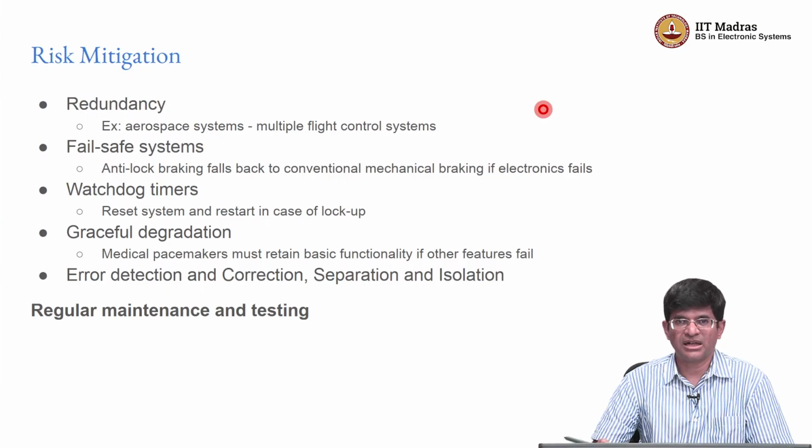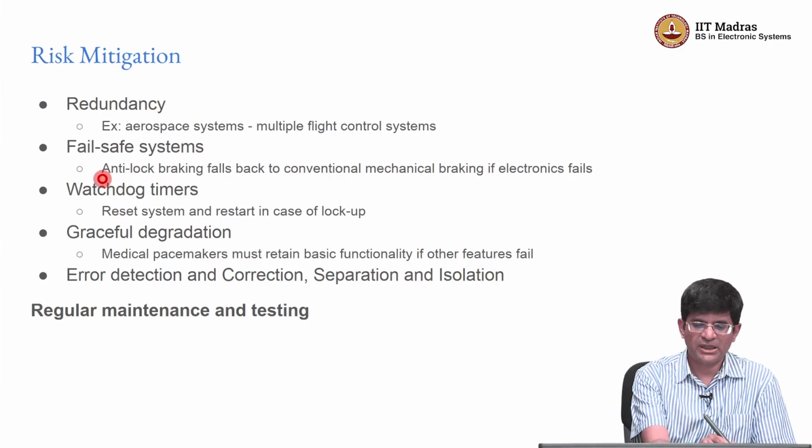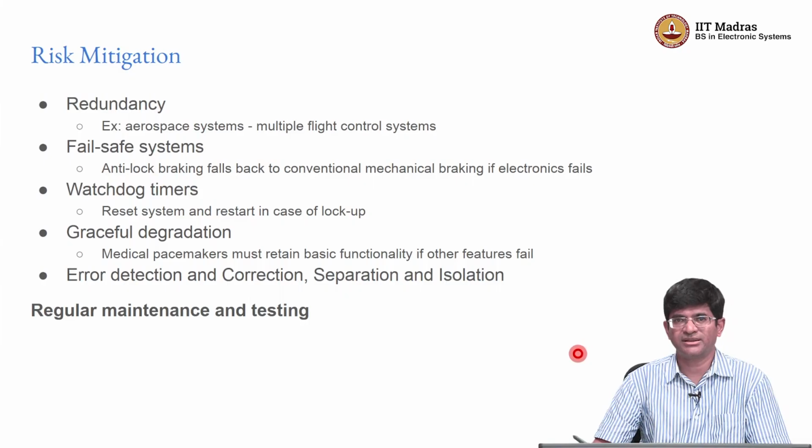Fail-safe systems are a very important aspect of engineering design in general, right? For example, anti-lock braking is something that is used especially in countries where during winter the roads can get very slippery. What happens over there is that if you press hard on the brakes, your brakes can lock. What that means is that your wheels stop turning, but then they just go into a skid.